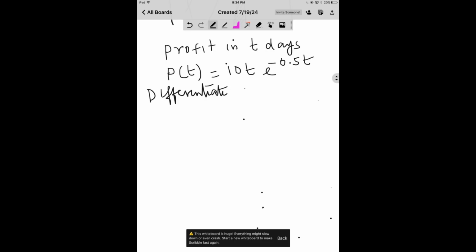Okay, first we need to differentiate this equation using the product rule. 10t is the first function, the second function is e raised to negative 0.5t. So differentiate with respect to t.